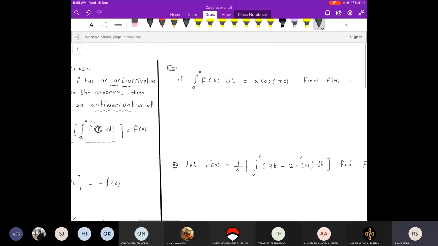Another example. If the integral from 0 to x of f(t) dt equals x cosine pi x, find f(4). In order to find f(4), you must find f(x). How can we get f(x) from this relation?